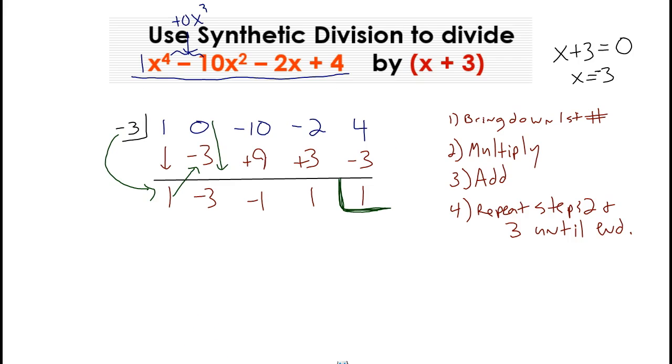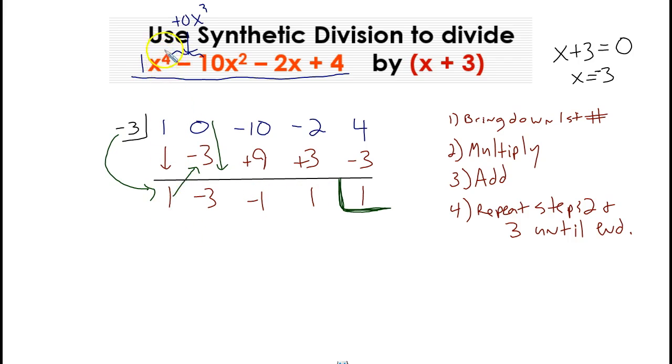Now we need to talk about how to represent the answer, okay? These are all numbers, and our answer is a polynomial, okay? When we divide x to the 4th by an x, the degree of our answer is going to be 1 less than the degree we started with. So this part of our answer is not going to start at x to the 4th, it's going to start at x to the 3rd.